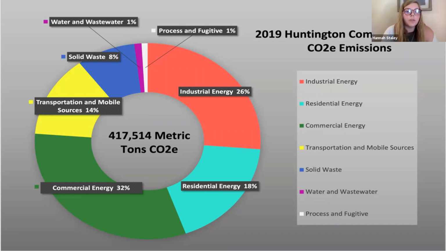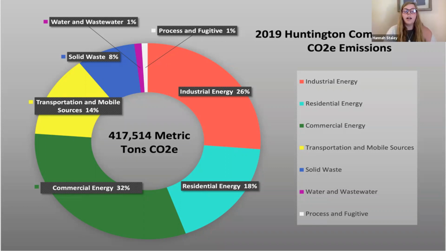And so what we were able to find, as you can see on this pie chart, is that Huntington's most emission-intensive sector in general is energy. Because it is, I believe, about 77% of the community's total emissions, this result can help Huntington determine the best practices, programs, and projects that they want to move forward with in their climate action plan.